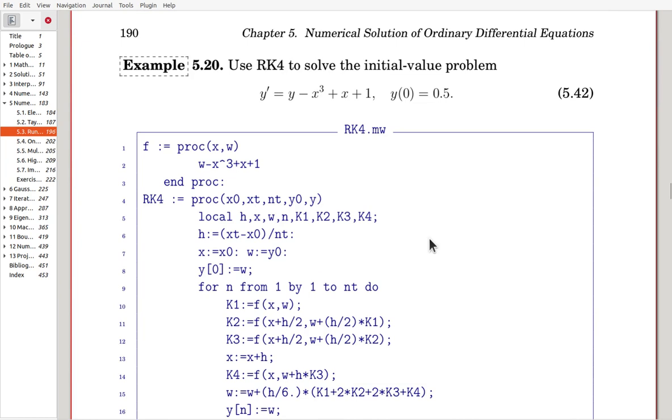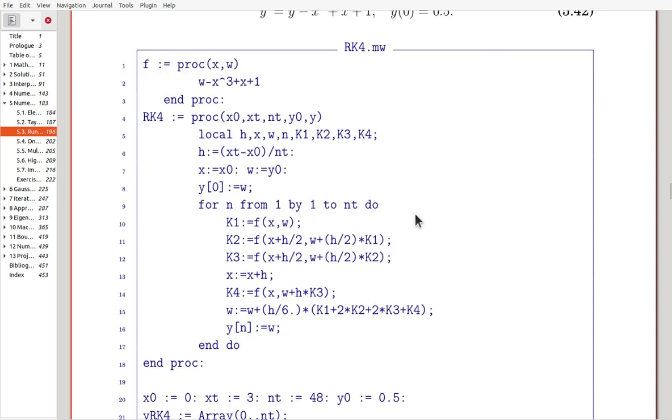Okay, here we'll use RK4 to solve the initial value problem, the same problem we used earlier. Here we define the F evaluation, that is the right hand side, and the RK4 procedure is defined here. At each level, given x and w, K1 is evaluated, and then at the midpoint using K1, K2 is evaluated.